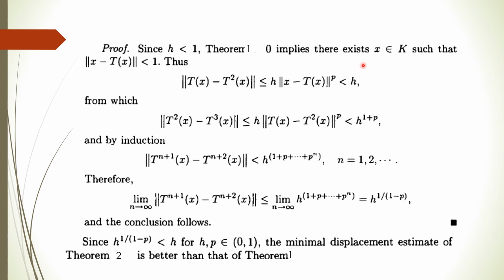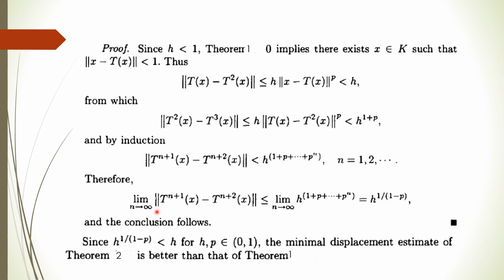So here you can write h to the power p also, so you get h to the power 1 plus p. So when you take t2 minus t3, you get 1 plus p plus p square, and so on. And when you take n tending to infinity, this is a GP series, it will go to 1 over 1 minus p. So rather than taking only h, you can consider it to be h to the power p also. Okay, so again you have the same result.